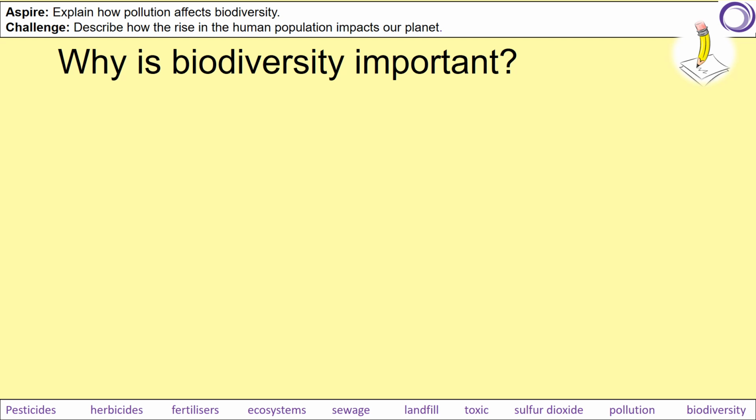So why is biodiversity important? One reason is stability. To have a consistent number in population of all the species that live within an environment is really important, because the removal of one species can have a massive impact on another, but if the numbers are stable, then it will help the ecosystem to survive.